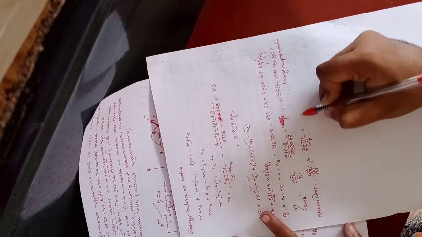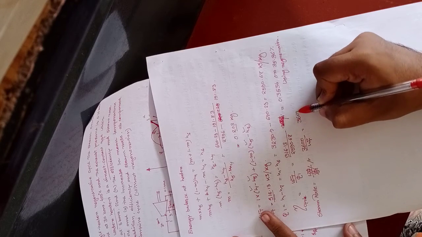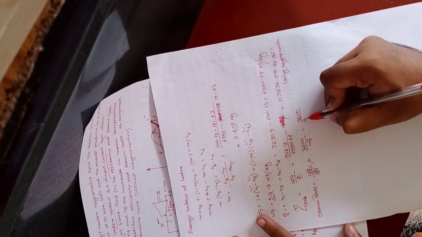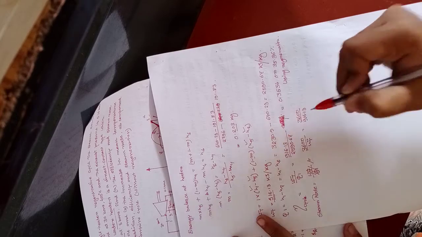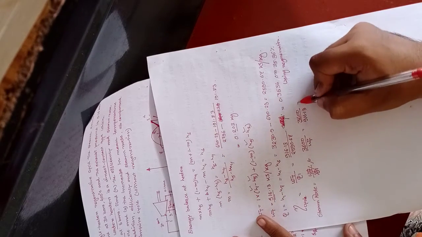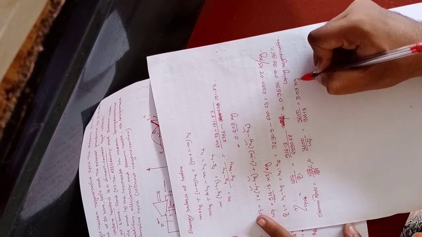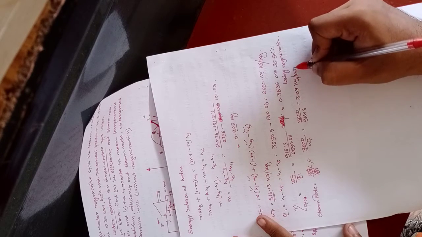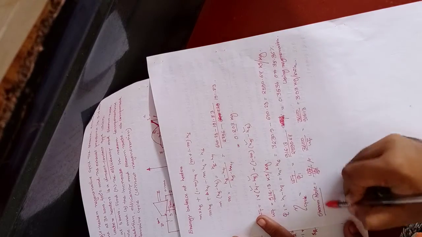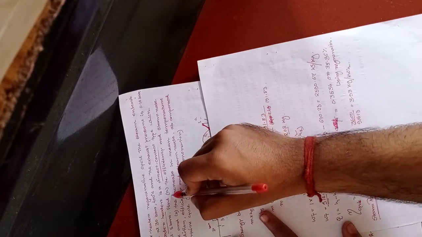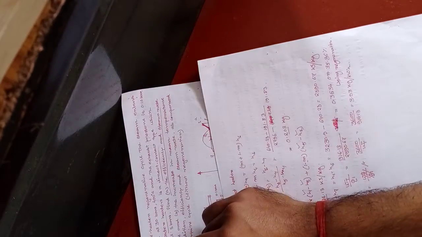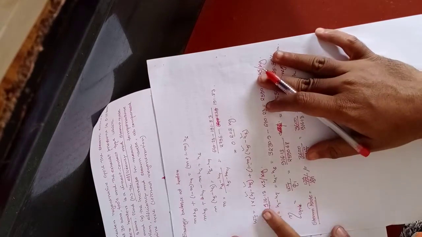So it is nothing but 3600 by 916.13. So it will come 3.93 kg per kilowatt hour. So steam rate we have got. So our first problem has been solved. Now we'll go to the B.